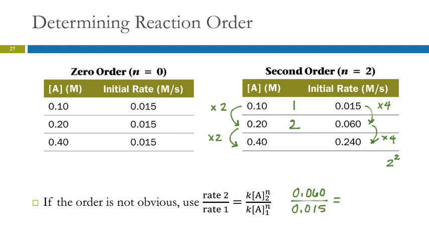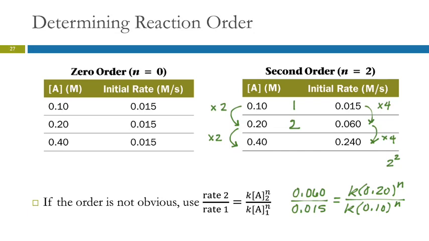That should equal the rate constant times the concentration. For this second one, it's 0.2, raised to the n power, divided by the rate constant times the concentration, raised to the n power.